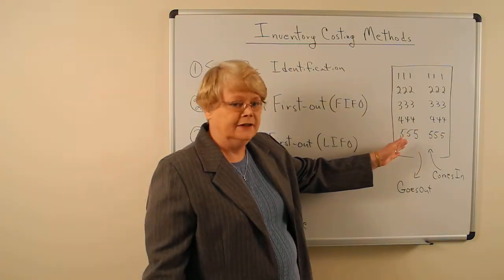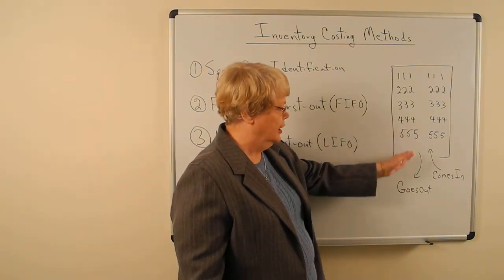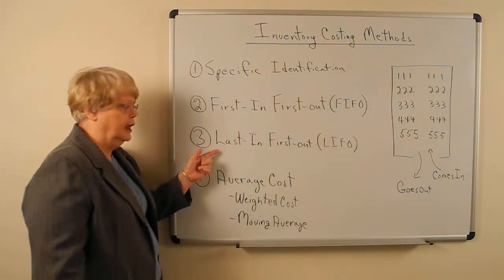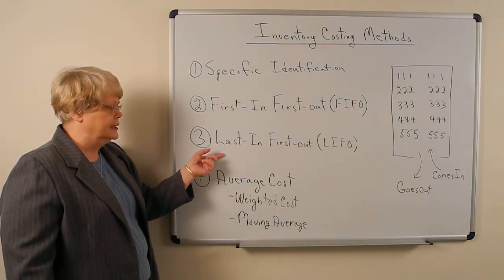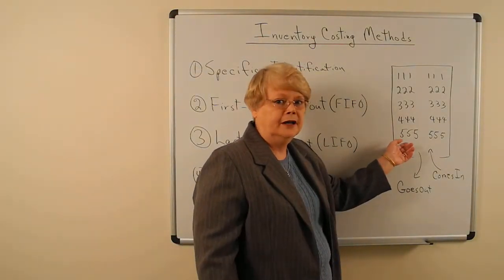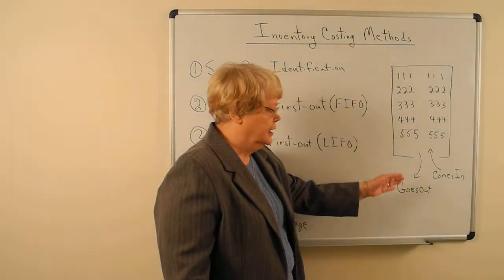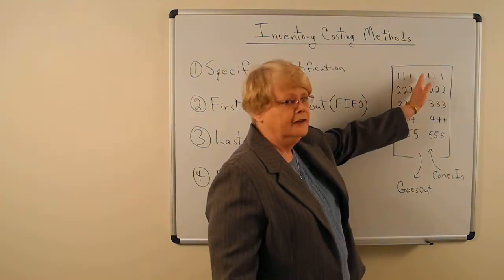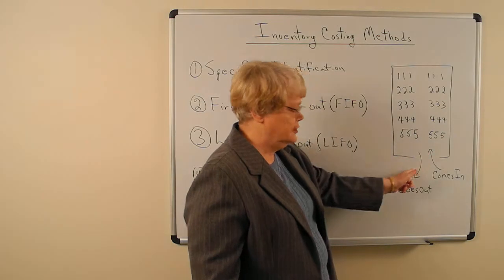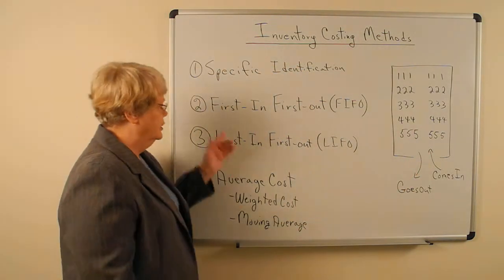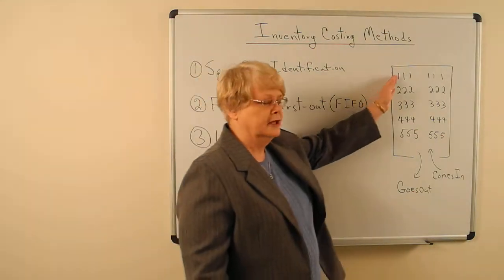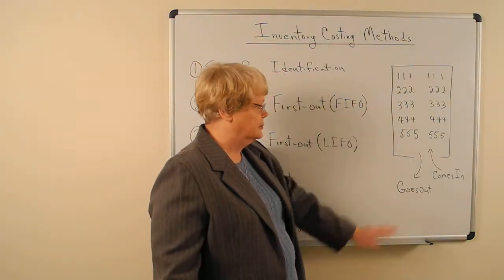If we actually did that, if we actually took the items out that were placed last, then that would be following the LIFO method, or the last in, first out, because we'd be taking the last items that were put in the warehouse out of the warehouse. If, however, we went all the way down the aisle and picked out the first items that we put in and took those out, then that would be the first in, first out, or the FIFO method. The first ones that came in were the first ones that went out.